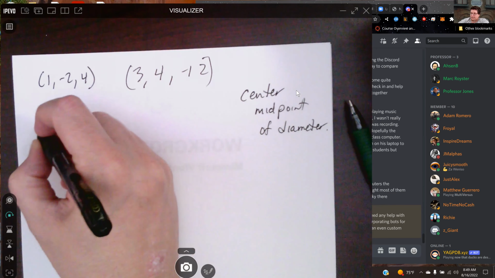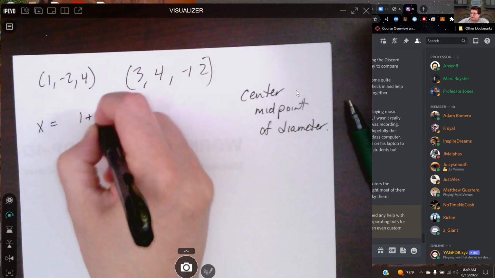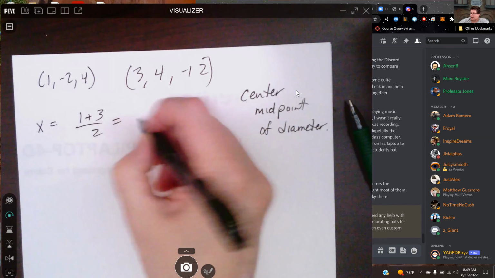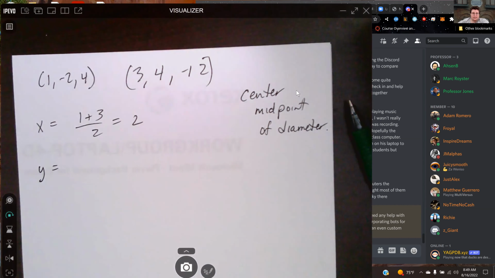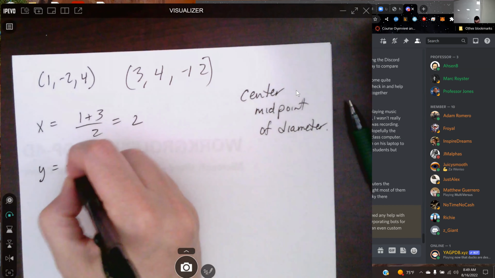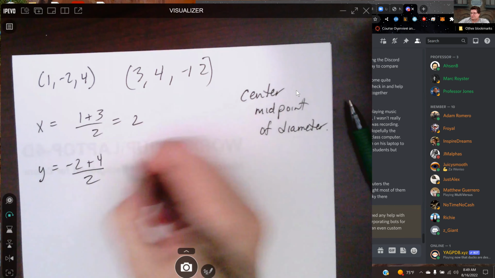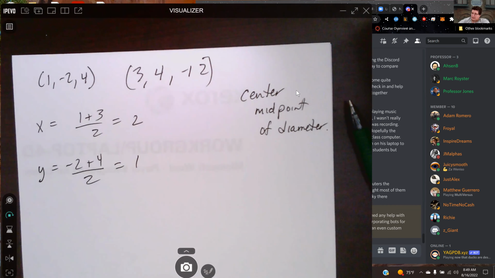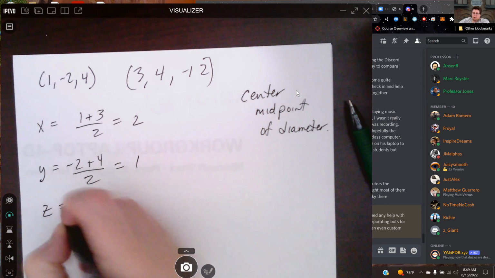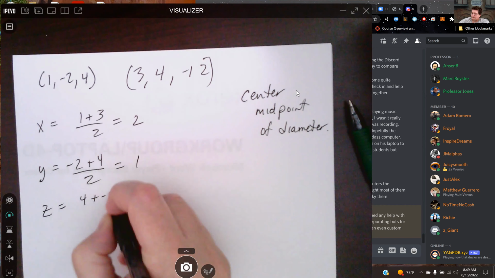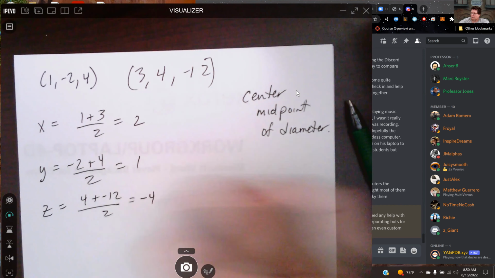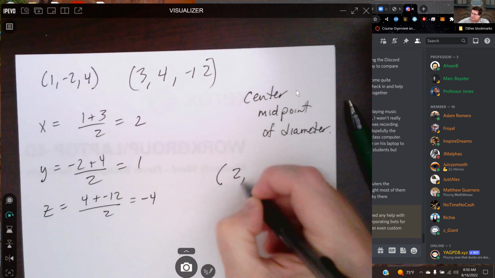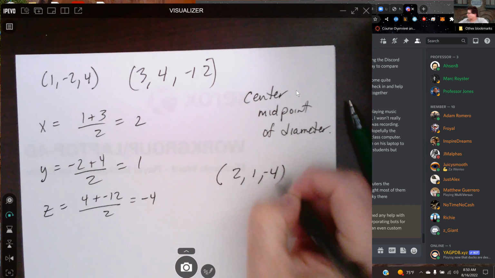So the x components are 1 + 3 / 2. 4 / 2 is 2. The y component is -2 + 4 / 2, which is 2 / 2, which is 1. And z, the midpoint, is 4 + -12 / 2. What is that? -8 / 2, so -4. Our center is going to be 2, 1, and -4.